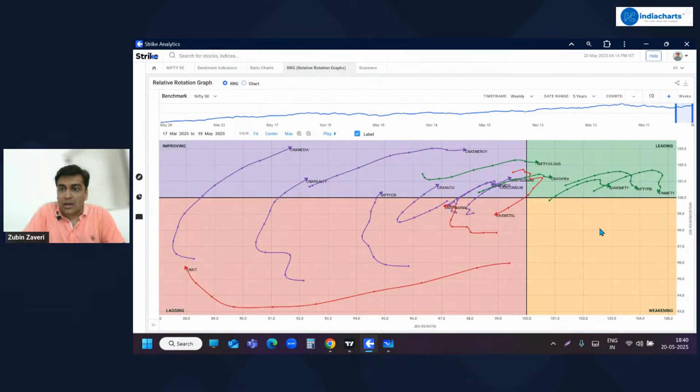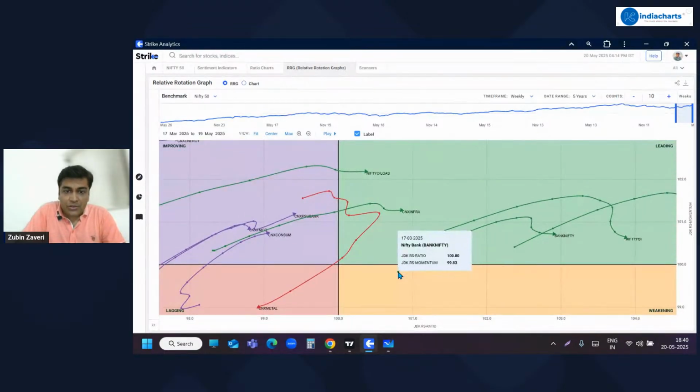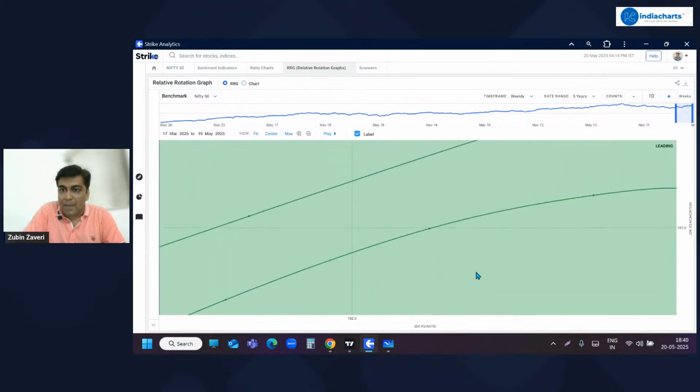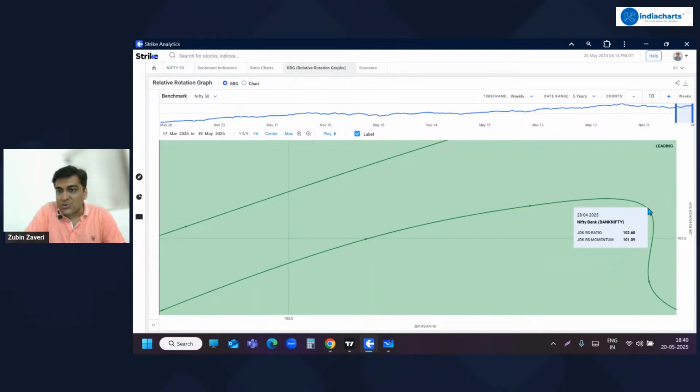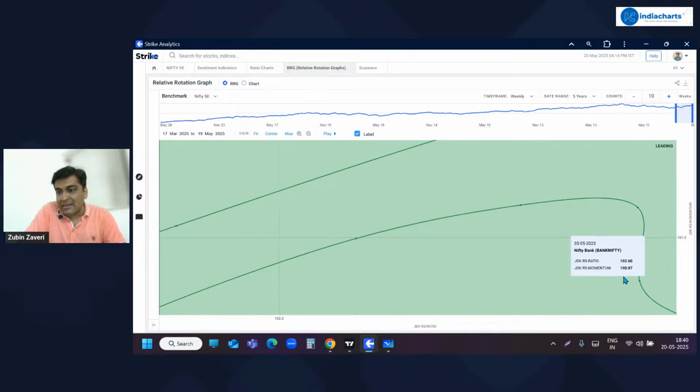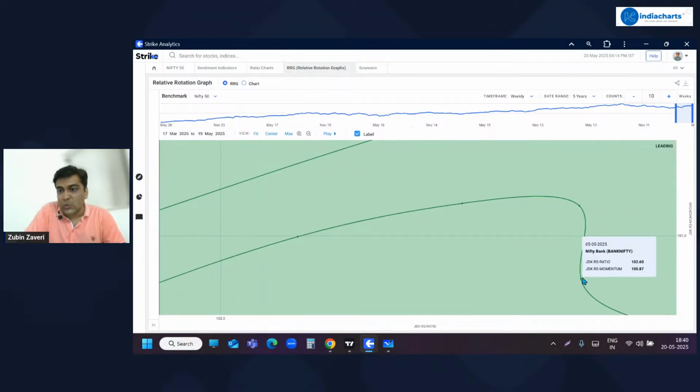So this was 17th of March. It started doing well. And then somewhere in the month of April, what happened? The momentum started declining. Look at this, 28th of April, the momentum started declining, and again it declined in this week, in the first week of May or the last week of April.